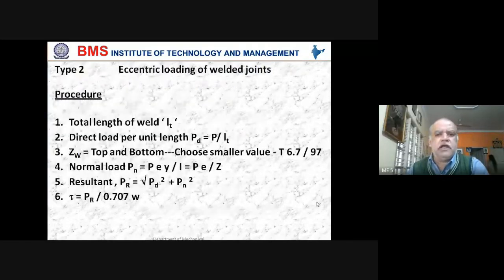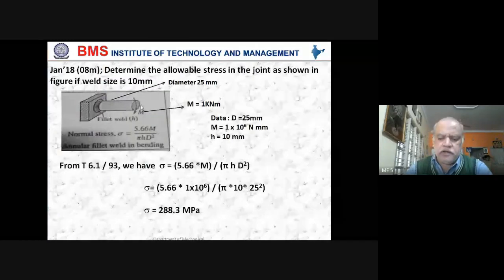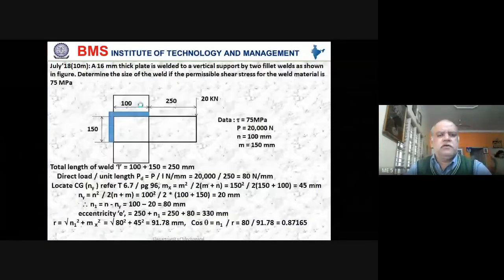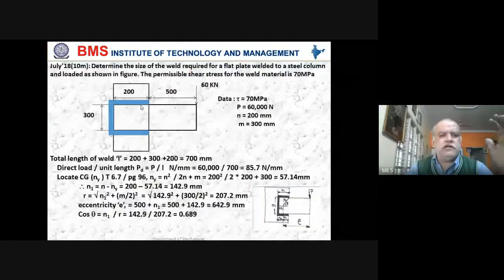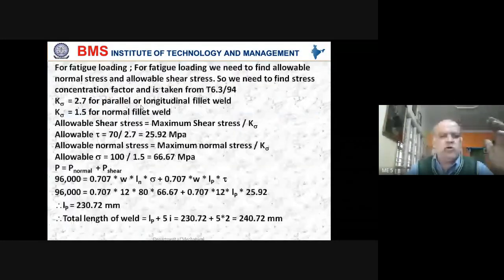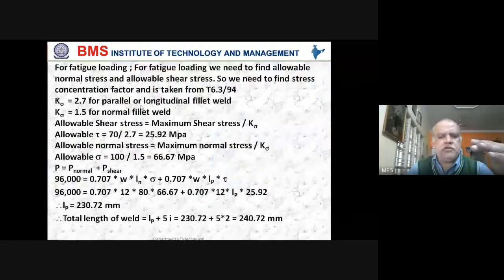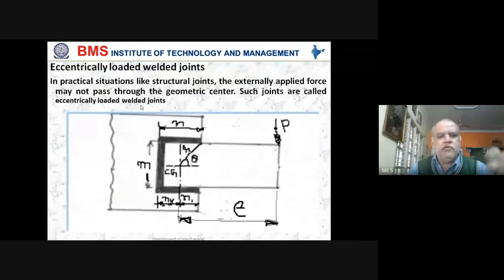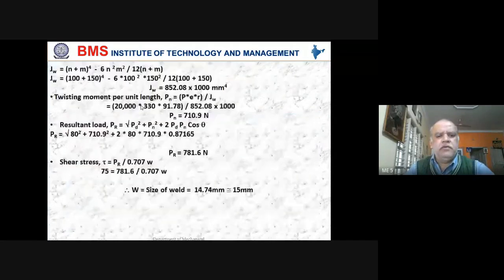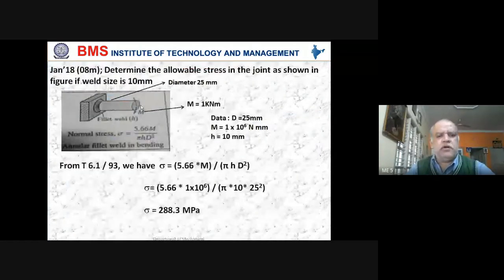So this is one type of problem that we can get. So far, we have done the welded joint subjected to axial loading, then welded joints subjected to transverse loading, and then we solved some standard problems with welded joints subjected to bending and torsion.